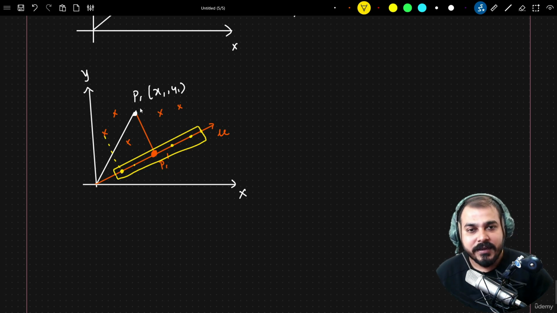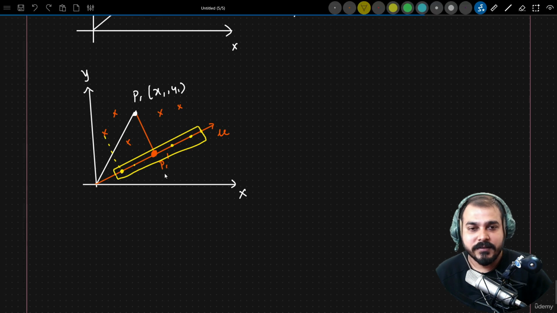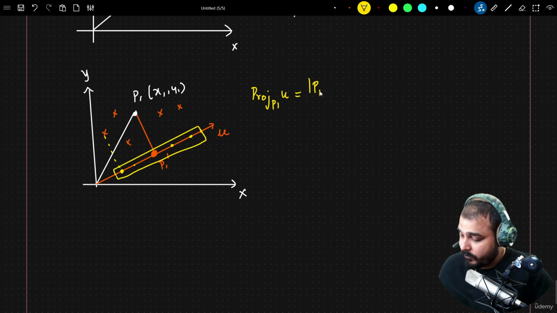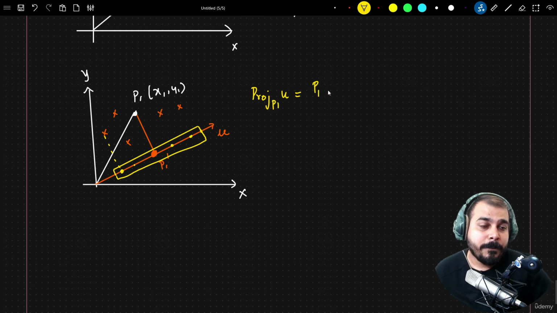So if you are trying to project P1 onto this particular unit vector u, giving P1 dash, then this projection is given by an equation. If I'm saying projection of P1 on u, we can write it as the magnitude of P1 vector multiplied by u vector divided by magnitude of u.